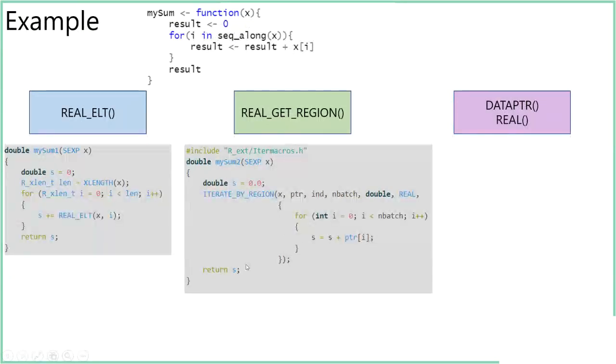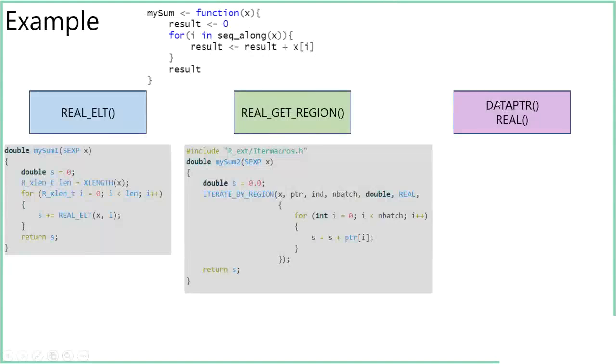And this time the code is a little bit hard to read. I'm not going to explain what each variable means in the macro, but the basic idea is to read the data into a buffer, and inside the macro you just need to loop over the buffer and the macro will help you to do the right thing.